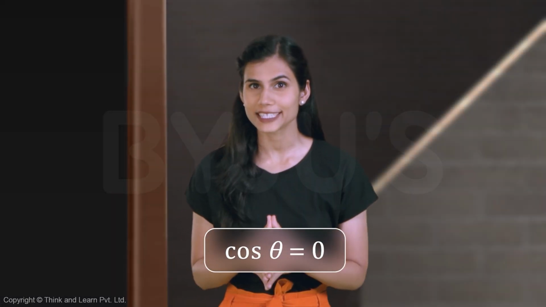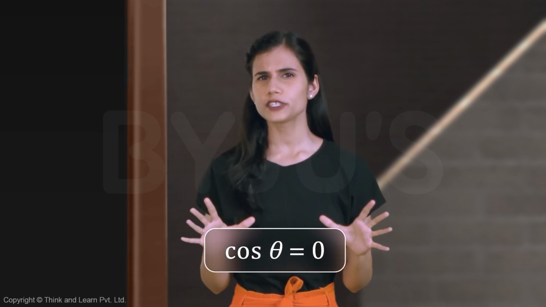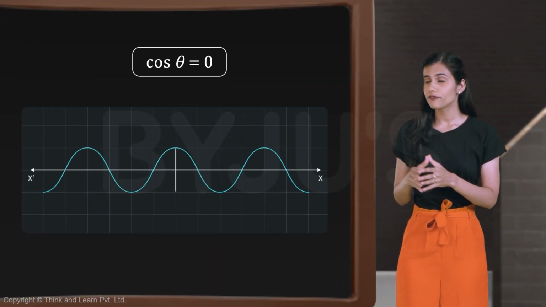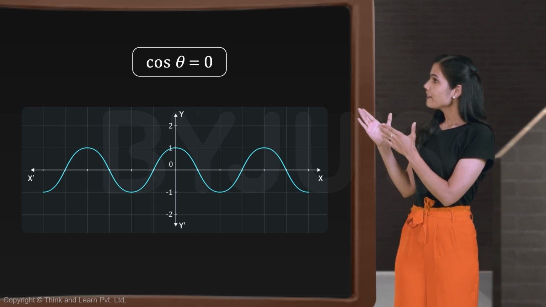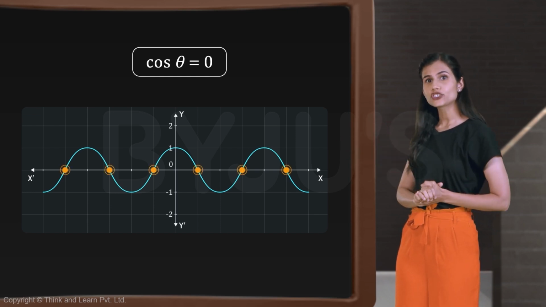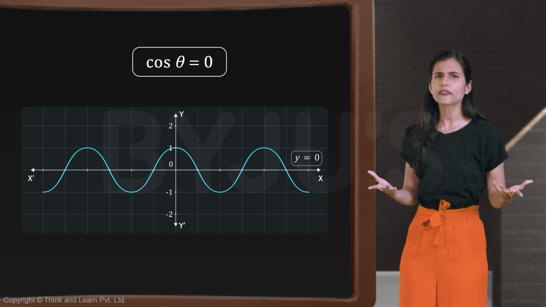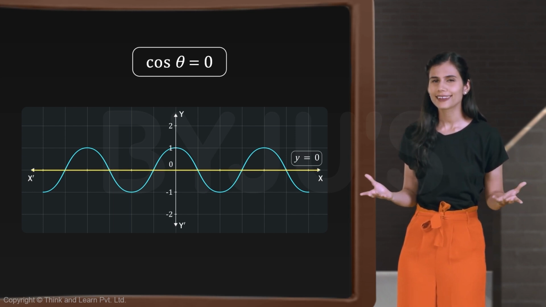The first one is cos theta equals 0. Now the drill to solve this equation remains exactly the same. Simply plot the graph of the cos function and find its intersection points with the line y equals 0, which is nothing but the x-axis only.